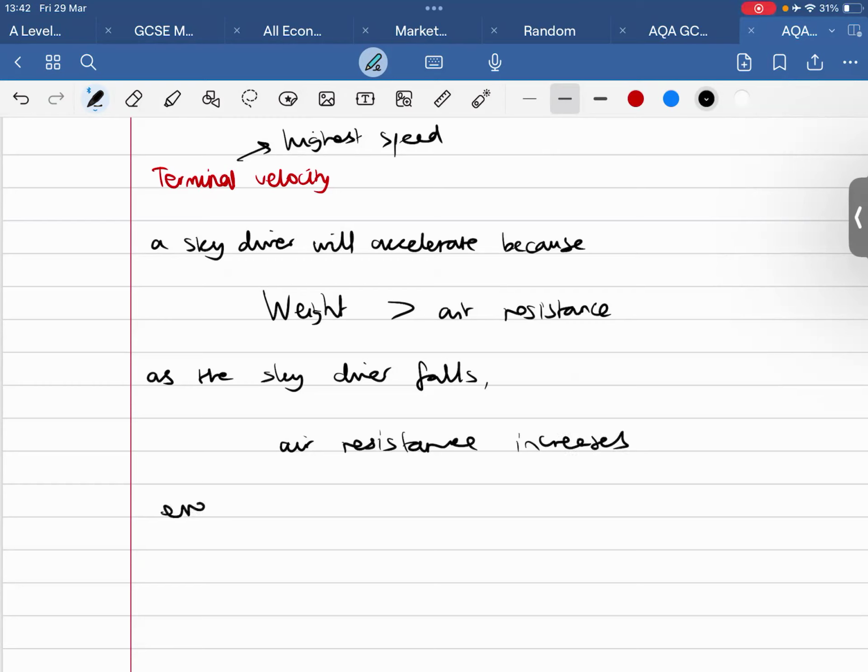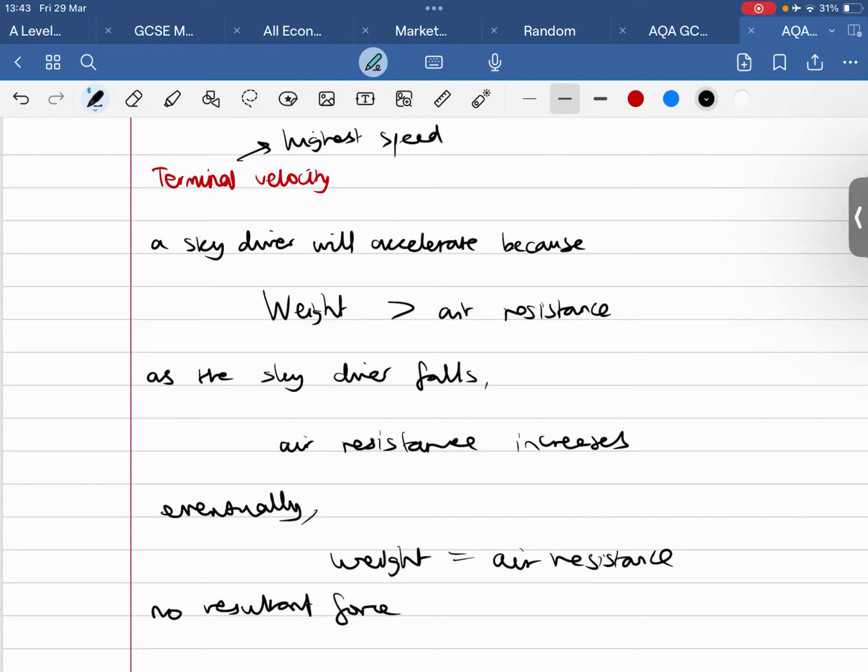So eventually, if weight's not changing and air resistance is increasing, then weight will equal air resistance. And if that's the case, then because there's no resultant force, the skydiver will have a constant speed. That's quite a common 4 marker for most examples.